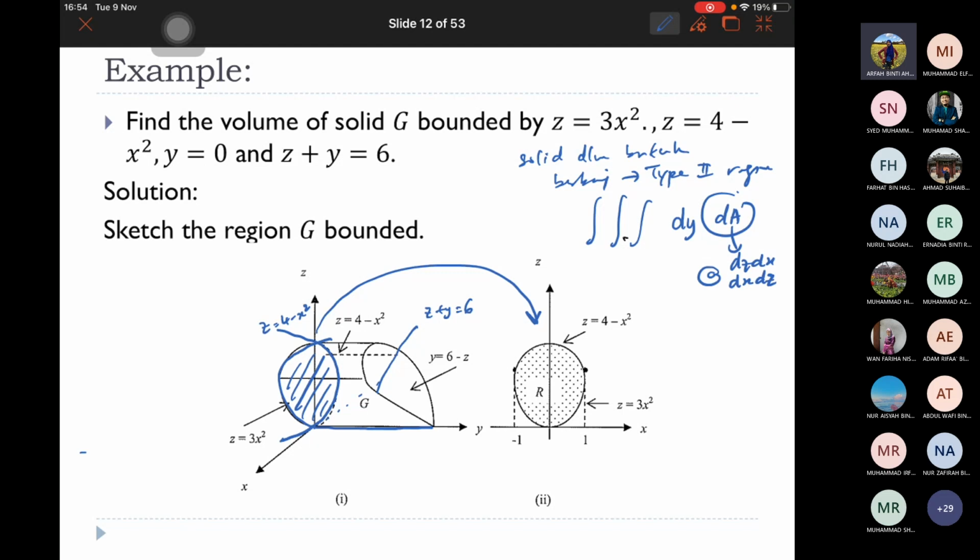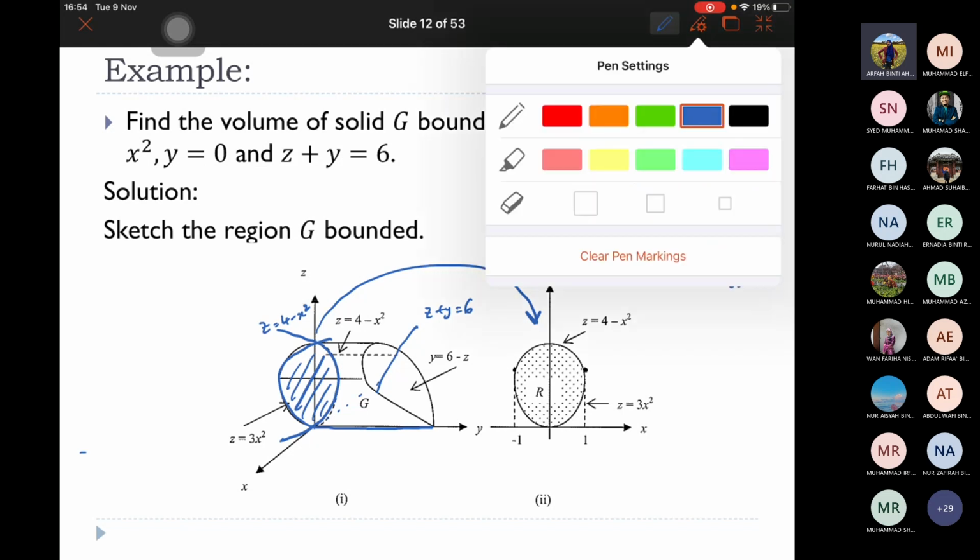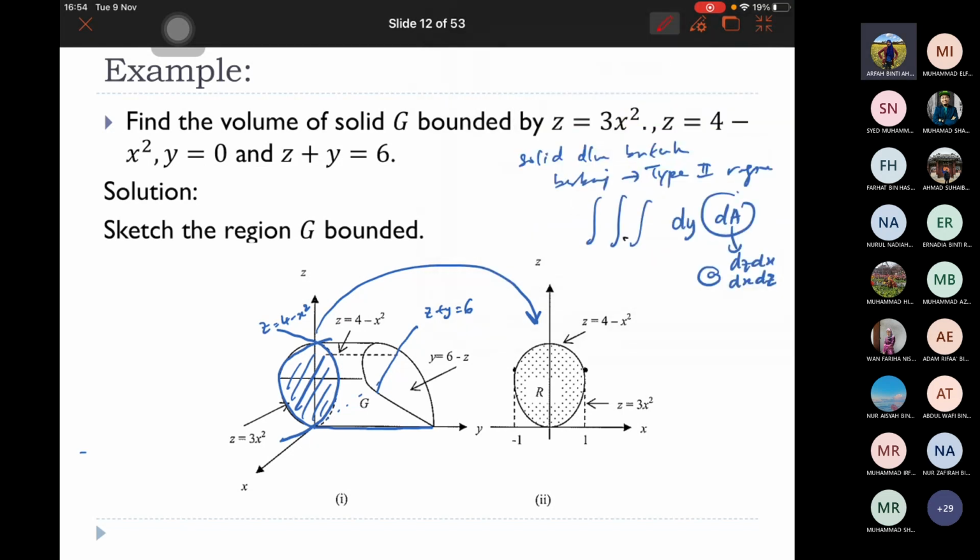So from here y, awak boleh tengok boundary untuk y is this one. Daripada garisan ini sampai this line. So daripada y sama dengan 0 sampai garisan lurus yang ini adalah garisan Y tambah Z sama dengan 6. So dalam sebutan Z, Y sama dengan 6 tolak Z. So Y punya boundary is from 0 until 6 tolak Z.